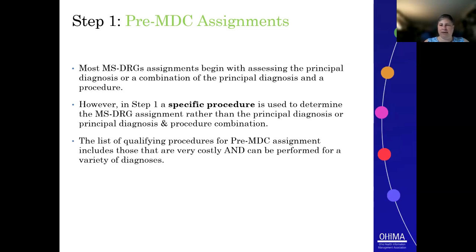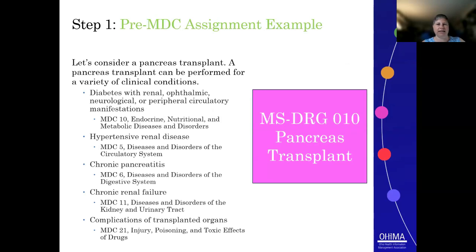However, step one is dedicated to specific procedures that are used to determine the MS-DRG assignment rather than the principal diagnosis or a combination of the principal diagnosis and procedure. The list of qualifying procedures for pre-MDC assignment include those that are very costly and can be performed for a variety of diagnoses. So let's take a look at an example.